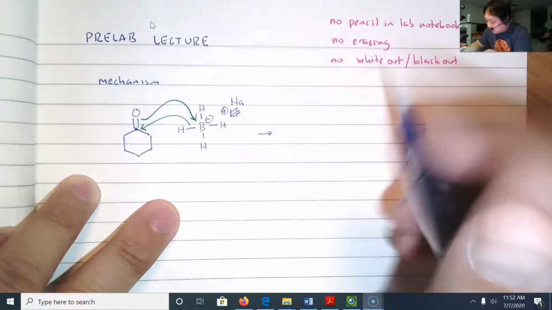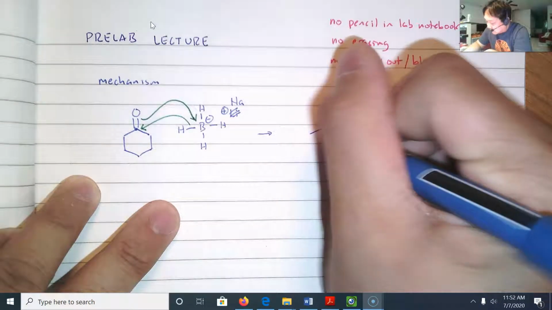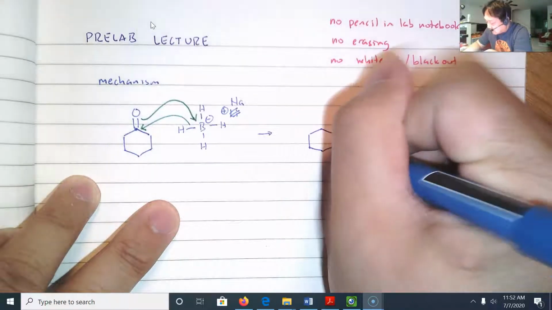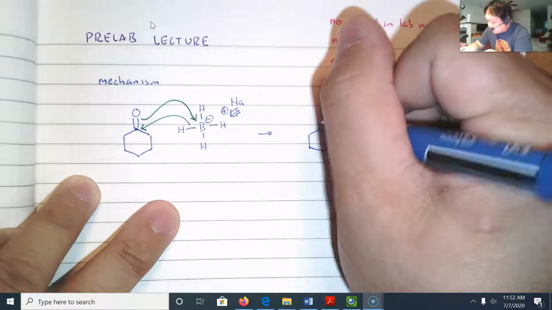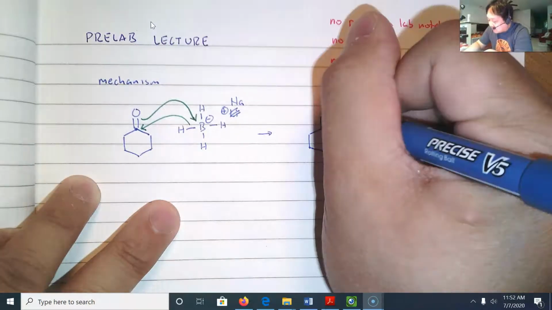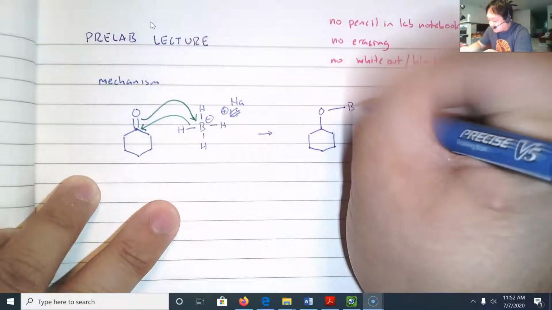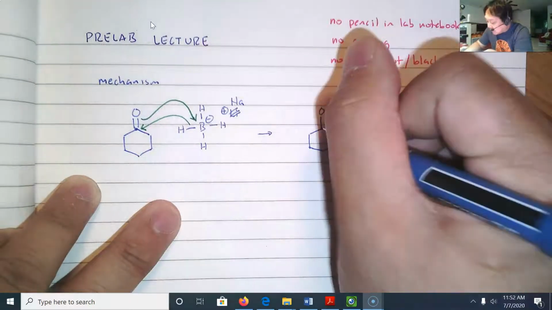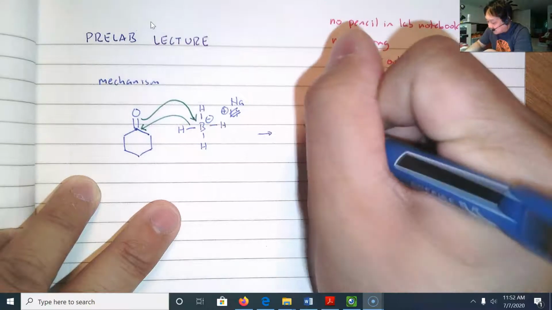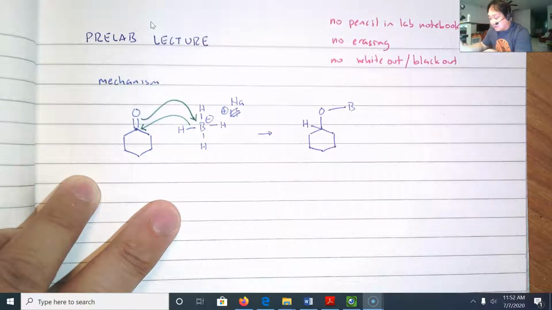And the product we get, the intermediate we get is this. Okay, so we do have a bond from the oxygen right to the boron. We did deliver this hydride, so there is an H, and you don't have to draw it, but I'll draw it for emphasis right there.